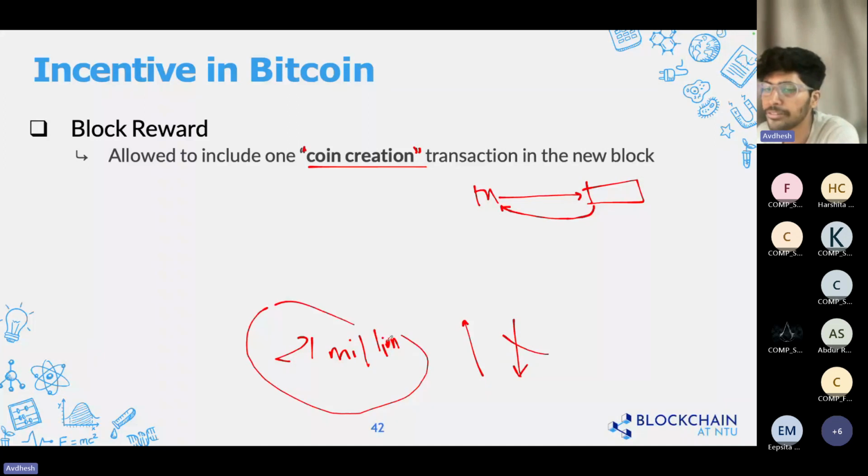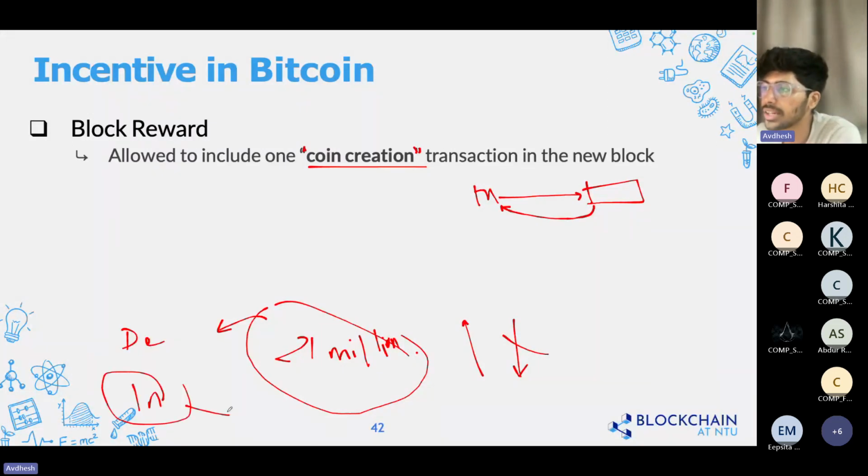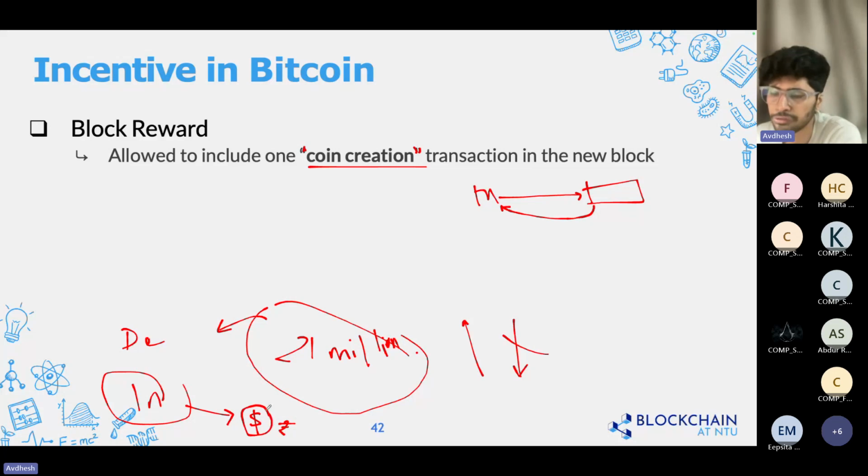The thing with 21 million is that this is deflationary. What does that mean? Deflationary and inflationary. Our fiat currency, our dollar or INR, is inflationary. That means the RBI, or the Fed in the United States, can actually print a large chunk of cash and put it in the open market.